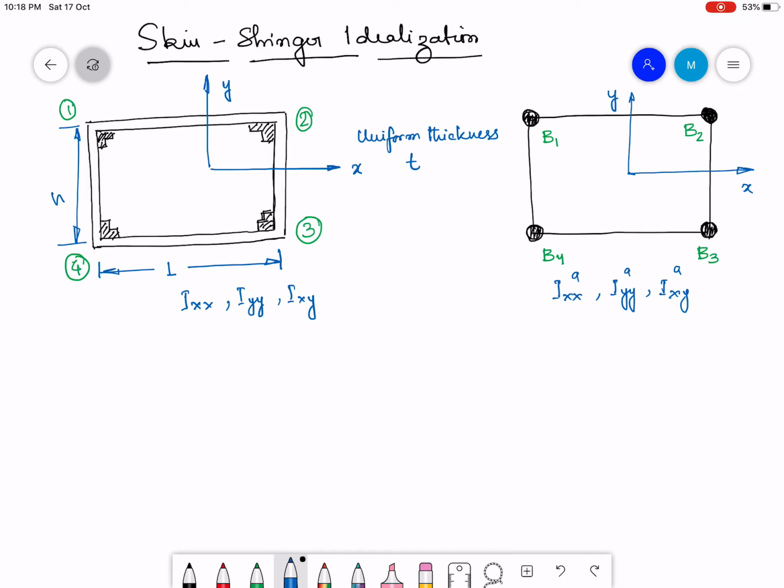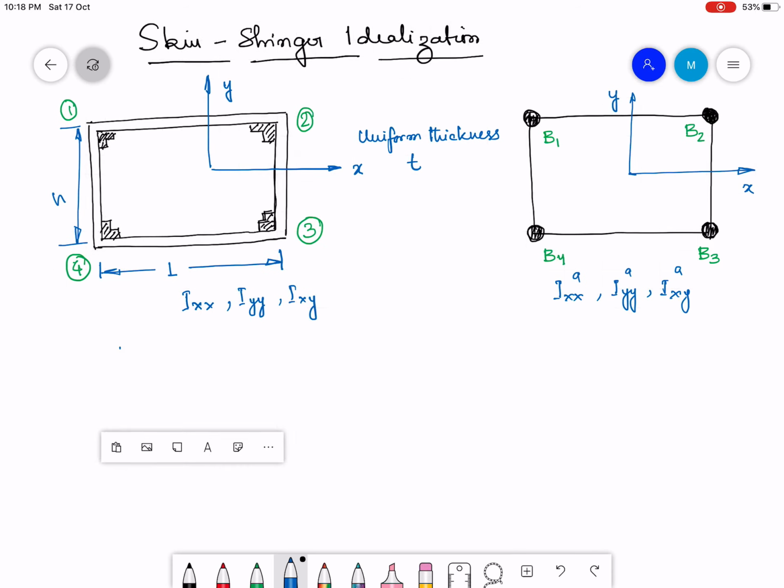The areas of the stringers are known, and we did a skin stringer idealization of this cross section with the help of four booms B1, B2, B3 and B4. The booms are located at the position of the stringers, as is usually done. Our job was to find the areas of the booms B1, B2, B3 and B4.